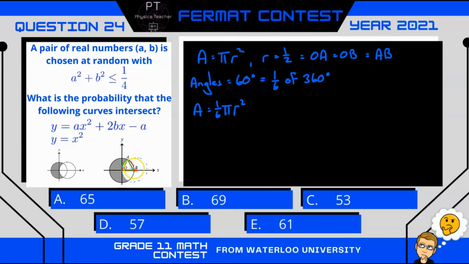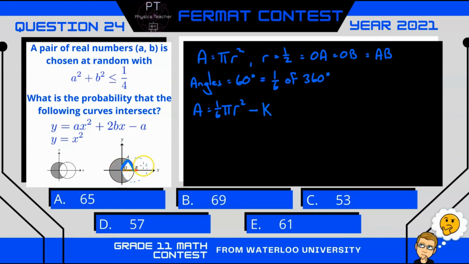Now the curvilinear space on either side, for example the green one, would be equal to the area of that portion of the whole circle minus the area of the triangle itself. Let's call that K for now. So that means this portion here is 1/3 pi r squared minus K, and also this portion here is the same.